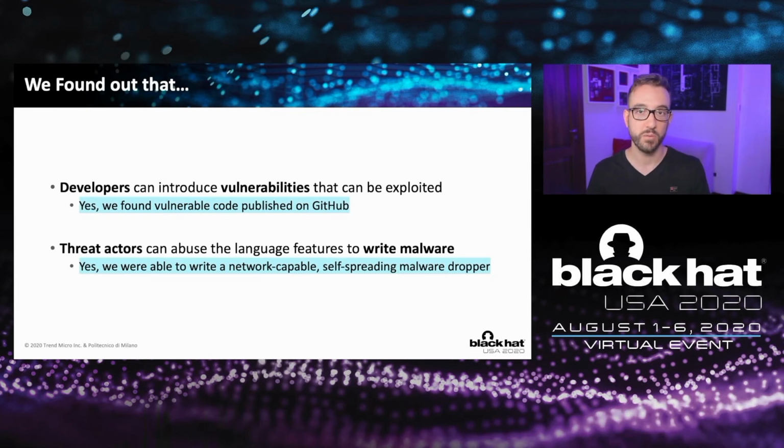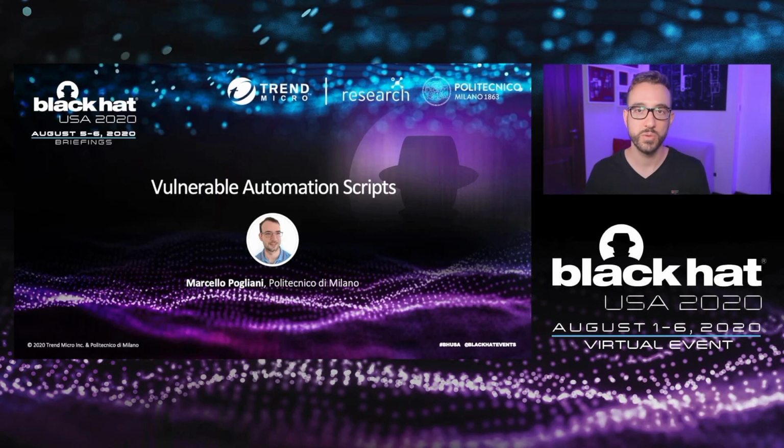We found industrial automation code in GitHub and GitLab and other repositories, and we found vulnerabilities in there. And on the other hand, we were able to prove that these languages are powerful enough to allow malicious actors to develop fairly advanced malware. For example, we developed a malware with self-spreading capabilities and file dropping capabilities, so remote updates essentially. Let me now switch it over to Marcello again, who will explain to you the first part, vulnerabilities.